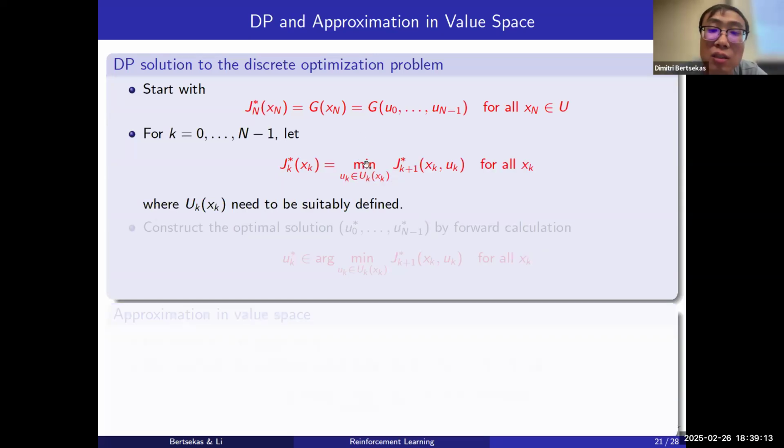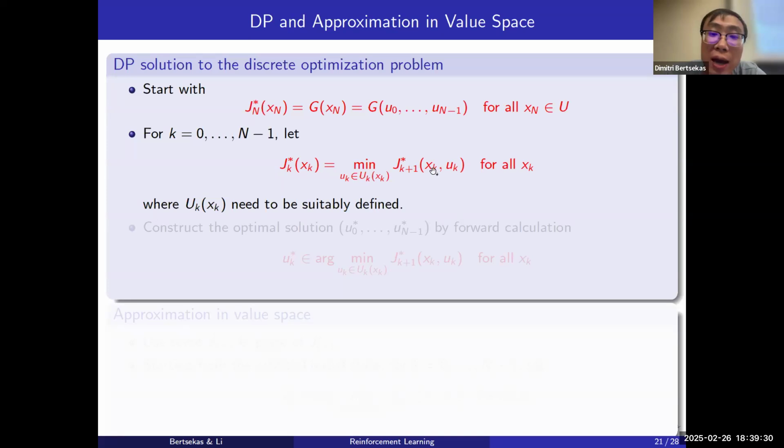We don't need that, right? It's 0. And typically in dynamic programming, this formula is Jk plus 1 star of fk of xk and uk.